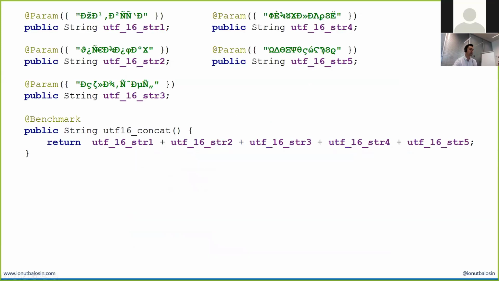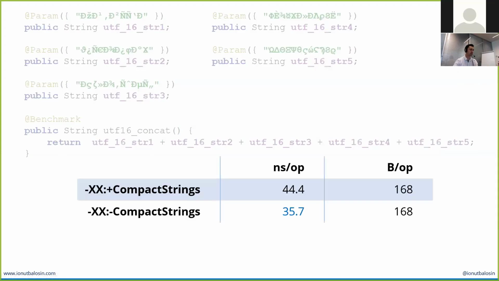And I did the following test. Suppose you have an application where the majority, or probably almost all, of your strings are UTF-16 strings. I wrote a benchmark method where I concatenated all of these strings, and I measured the time for the default option with compact strings and without it.